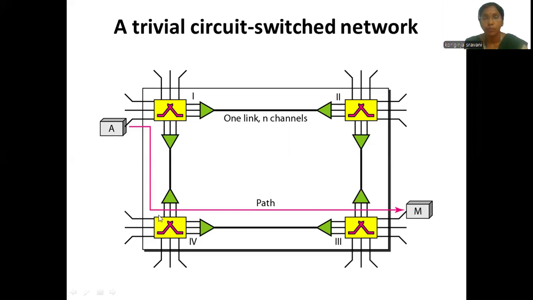Then the path will be established. After establishment of the path, the data will be transferred from A to switch 4 and from switch 4 to switch 3.